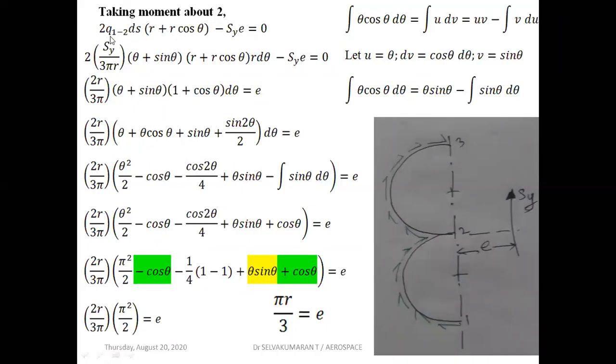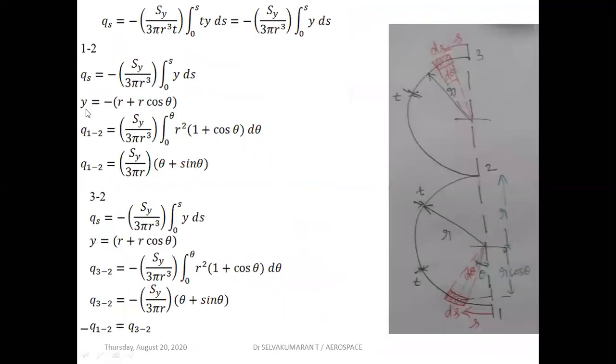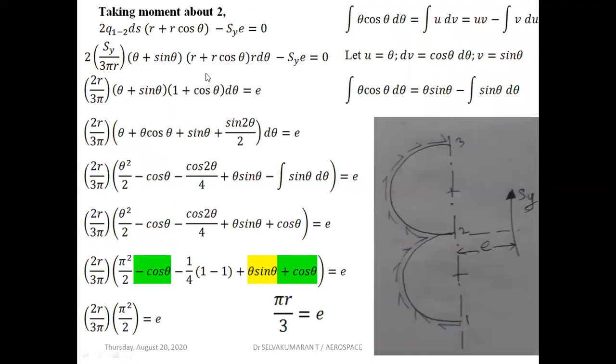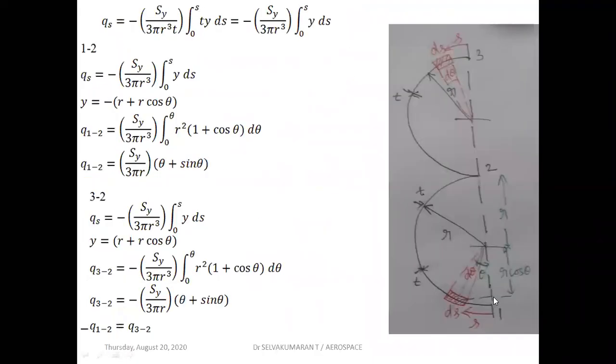So 2 into Q1 to 2, where shear flow is Newton per meter. Suppose the shear flow is acting here, if we consider a small element, Newton per meter into ds becomes Newton. Newton per meter into meter becomes Newton. Now, the perpendicular distance is r cos theta plus r, as I am taking moment with respect to point 2.